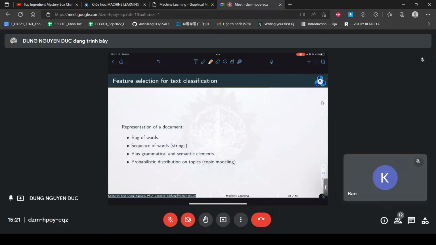And that is what we call topic modeling. You're trying to extract some information from the document, and that information is the topic information.